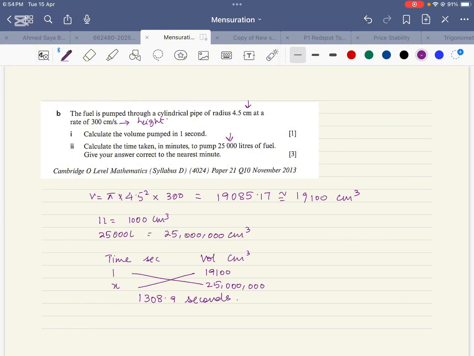We want the answer in minutes, so we divide it by 60 and we get 21.8 minutes. We have to give answer in the nearest minute, so the answer is 22 minutes.